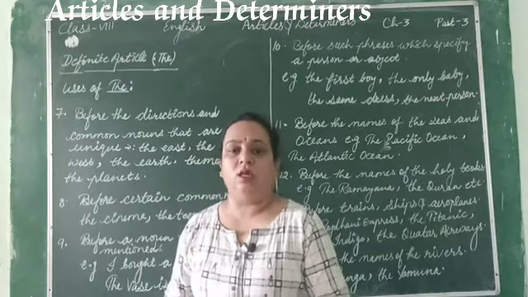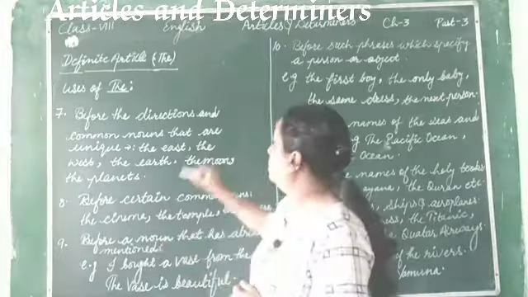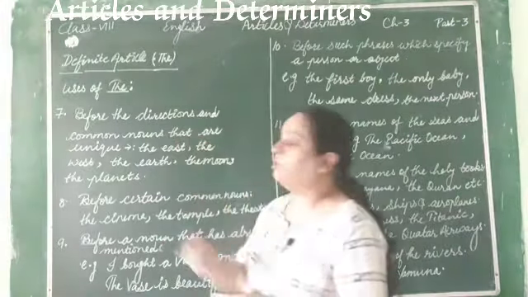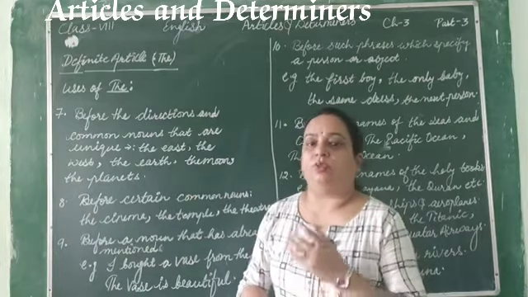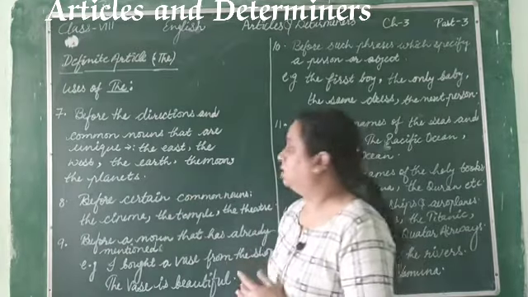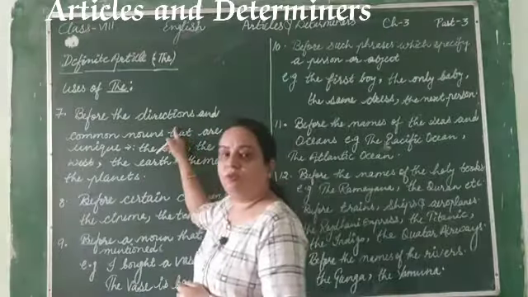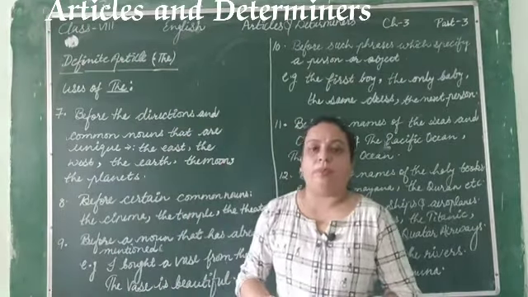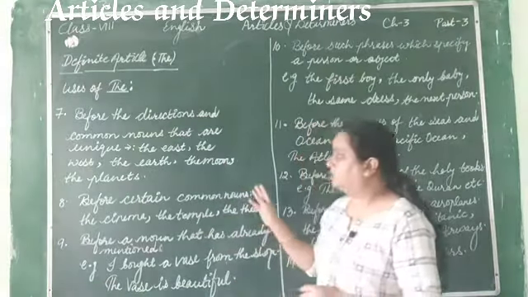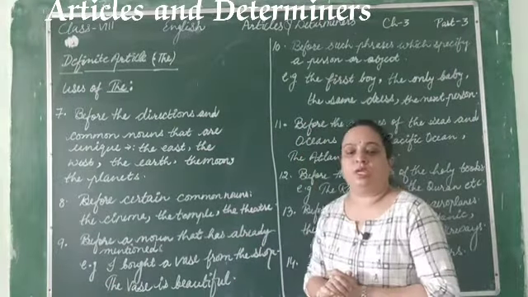That is the. And one more thing is written here: the common nouns that are unique, like earth, moon, planets, right? So with that also we have to use the. So this is rule number 7, where we learnt that the is used with names of the directions and the things which are unique.